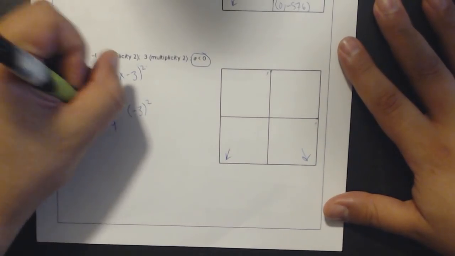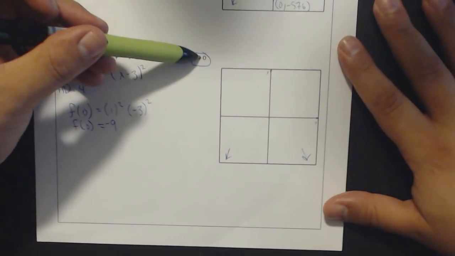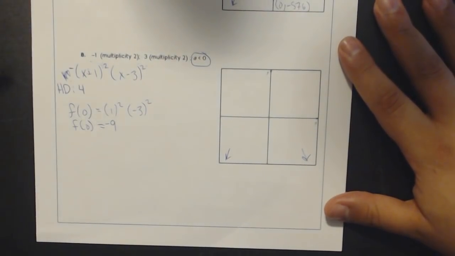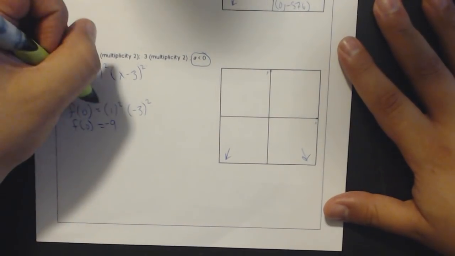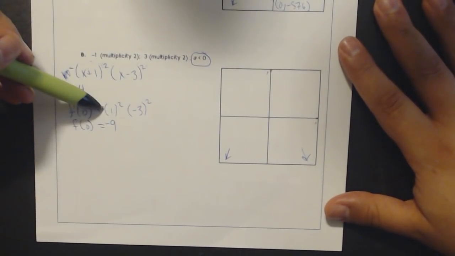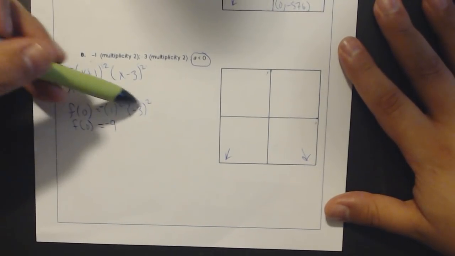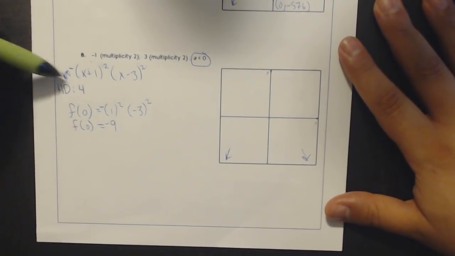Or excuse me, negative 9. And the reason why it's negative 9 is because we're told that a is negative, so there's also going to be some negative sign out here. So it should be negative on the outside part of here. So negative times the 1 squared times negative 3 squared. This gives us a negative 9. So I apologize, I totally forgot to mention that negative sign there.